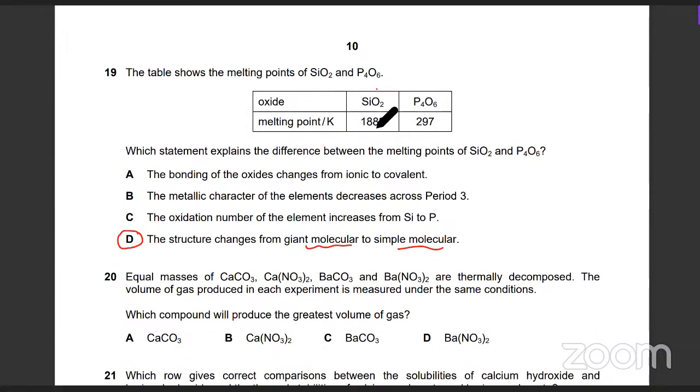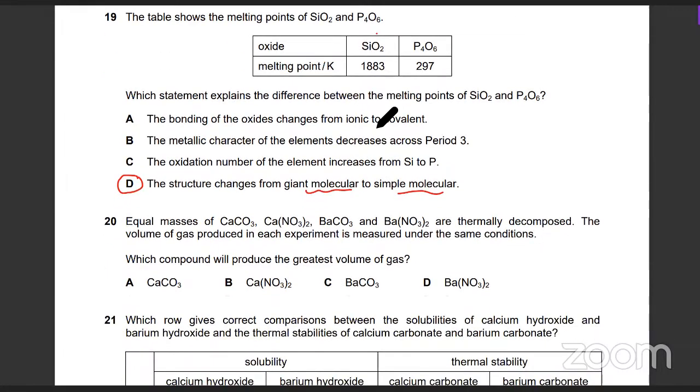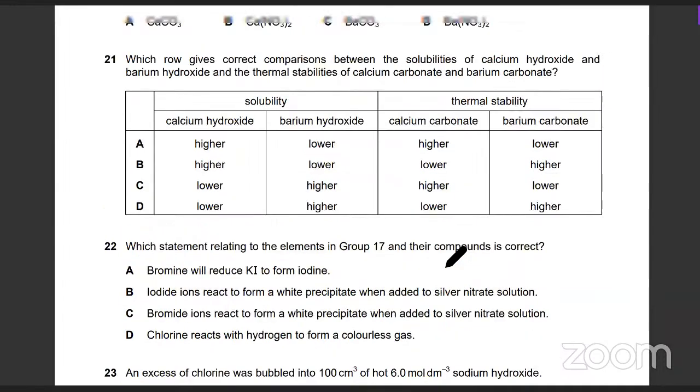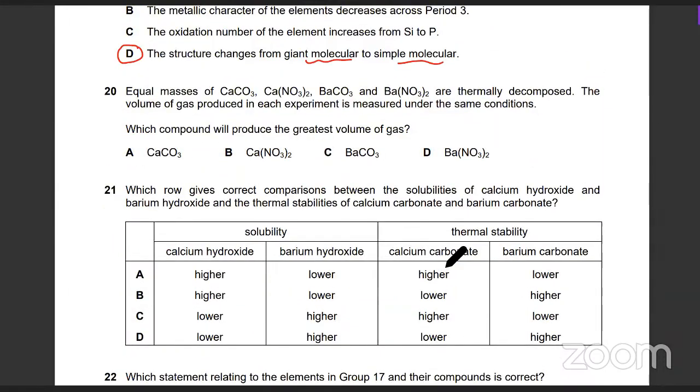That's why you have different melting points. Is that clear? Yes, sir. So then you have these ones. Let's do some more questions.